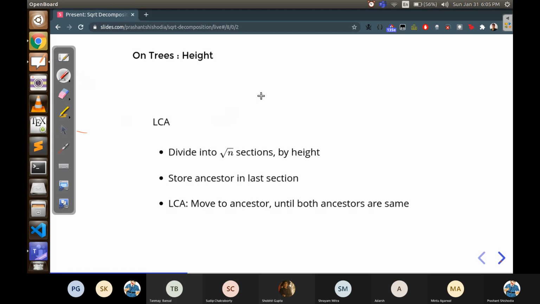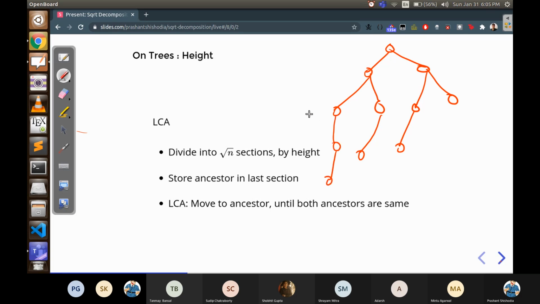So we can also use square root decomposition by height. Suppose we are given a tree. I decompose it by height. Suppose the number of vertices is n, then I divide the tree into blocks of height root n.